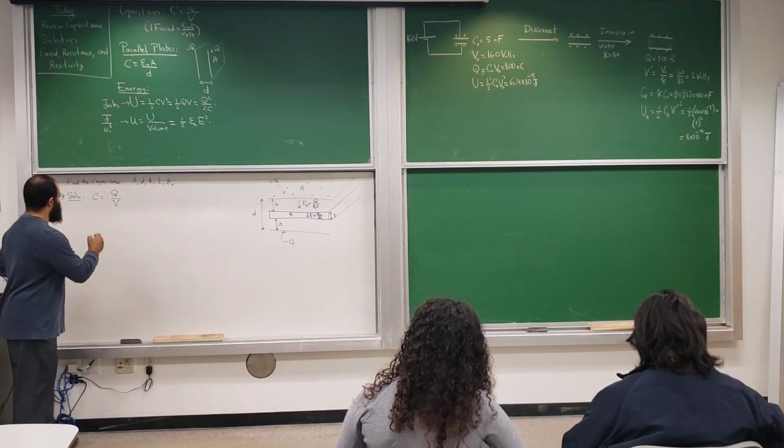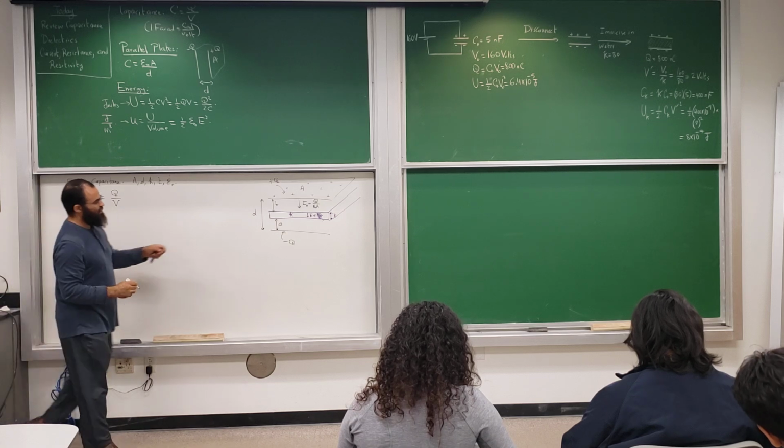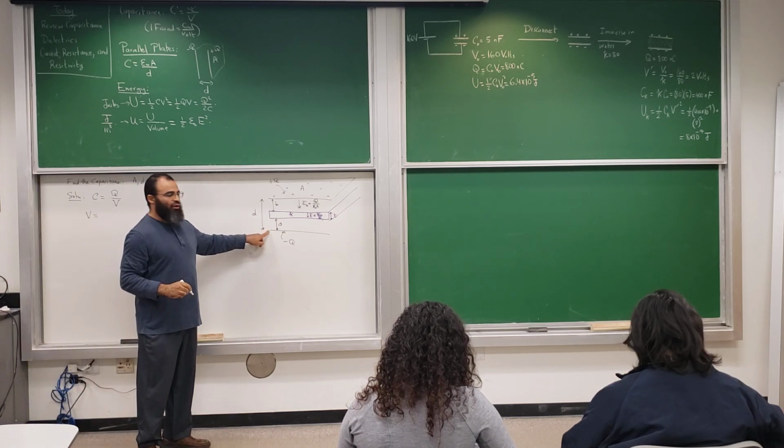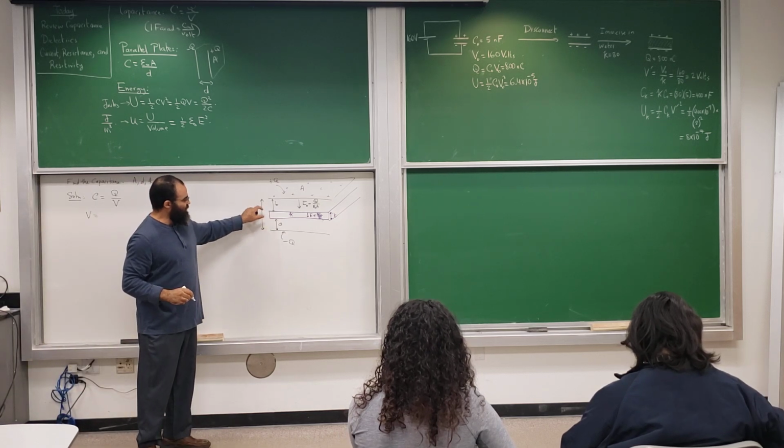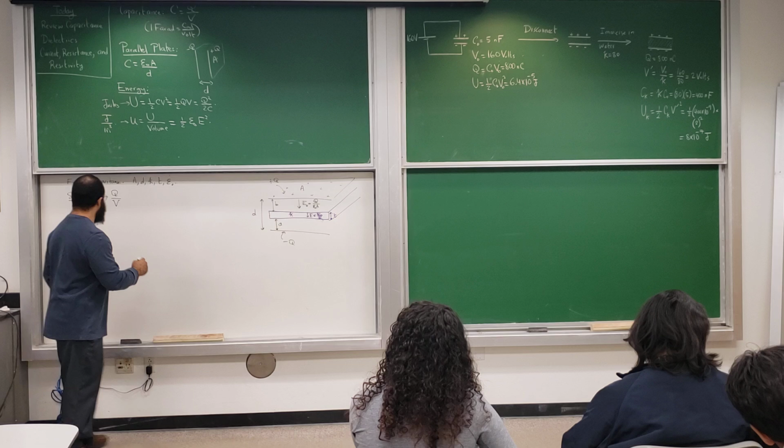Let's call it VA. The potential difference all the way across would be VA plus V inside the dielectric plus V from here to here. That would be the total potential difference.